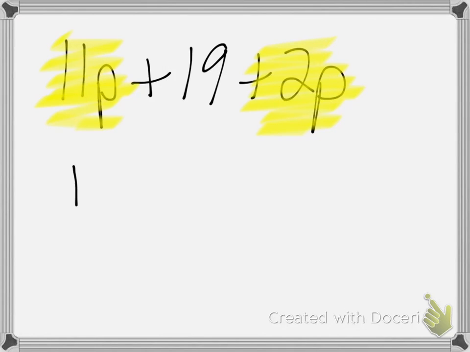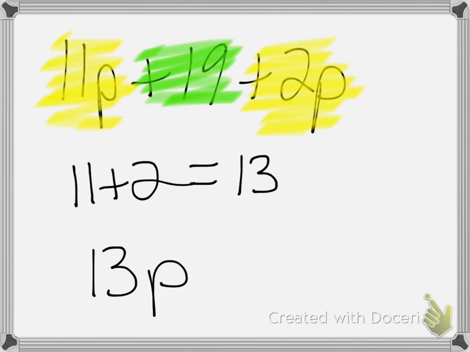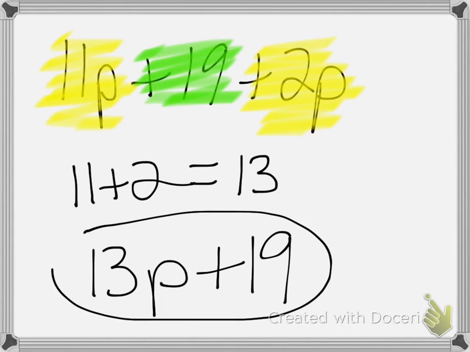So those are like terms. 11, my plus came from there, plus 2 equals 13. So I have 13p. Now, this 19 up here, again, if you don't use it, you just bring it down. And it already had a plus in front of it, so it's still plus 19. And that's your final answer for that question right there.